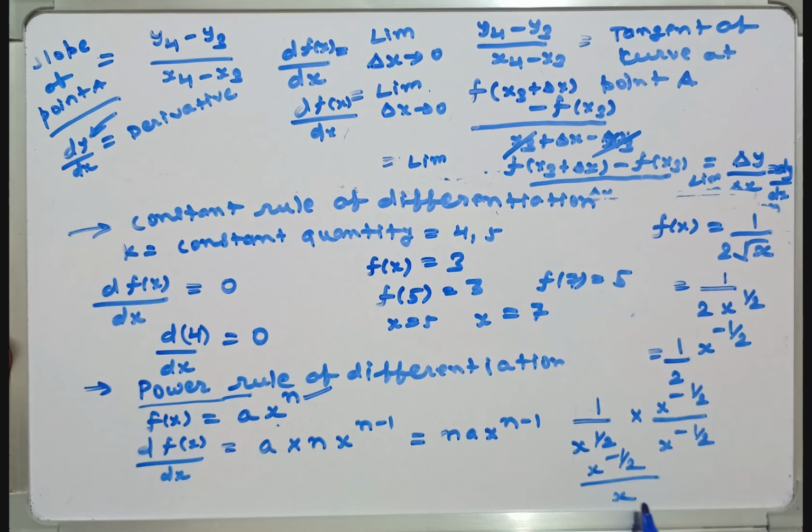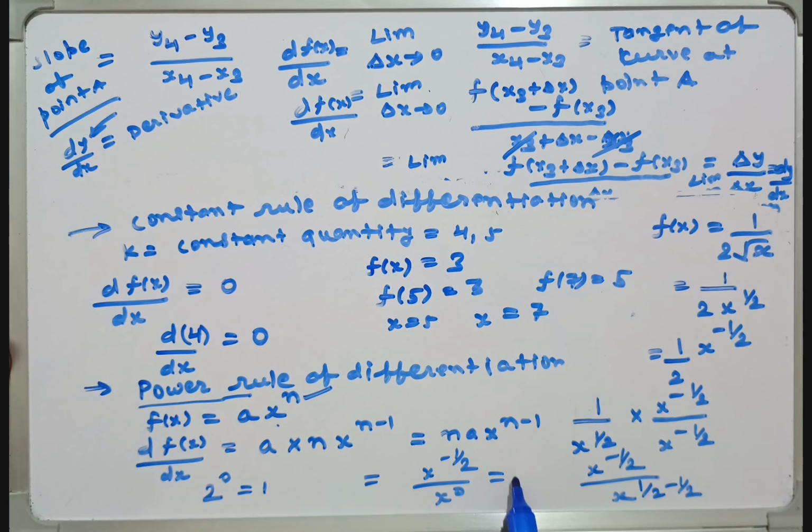Then the x is the same, so you can write it as this one. So finally you see this value is coming as x to the power of 0 in the denominator. In mathematics this is a convention: where there is a finite number or any value and its power is raised by 0, then this value is 1.